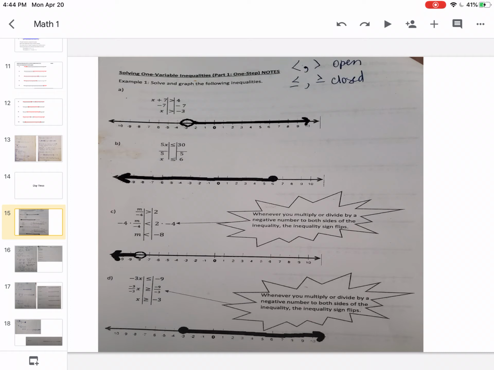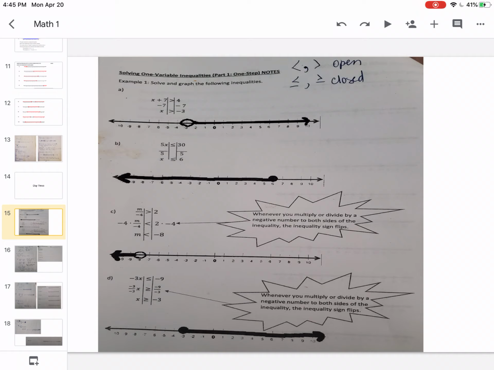So we multiply by negative 4 on one side, and multiply by negative 4 on the other side. Negative 4 times m over negative 4 cancels out, so we just have an m. On the other side, we have 2 times negative 4 equals negative 8.